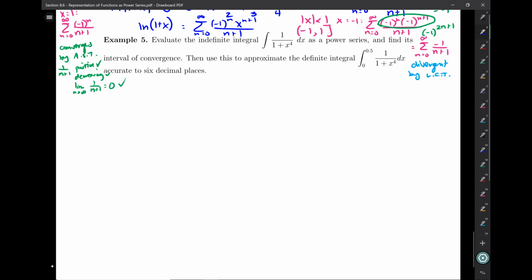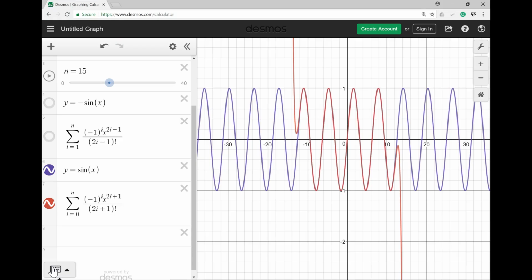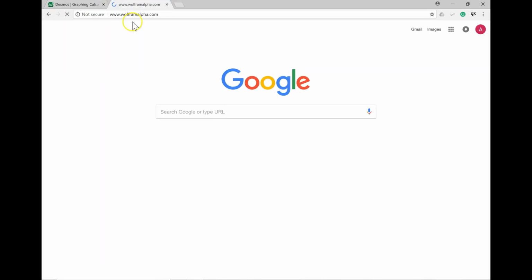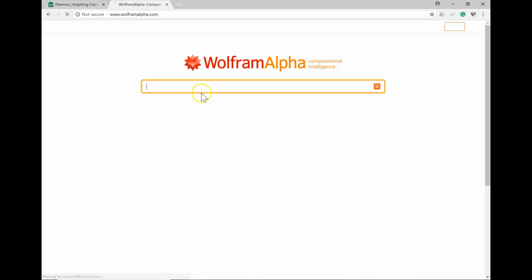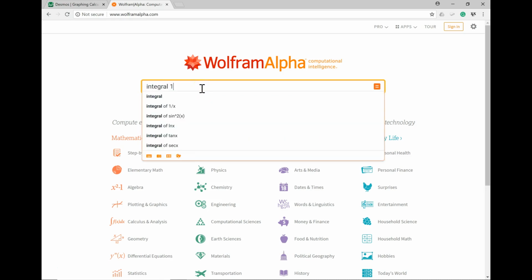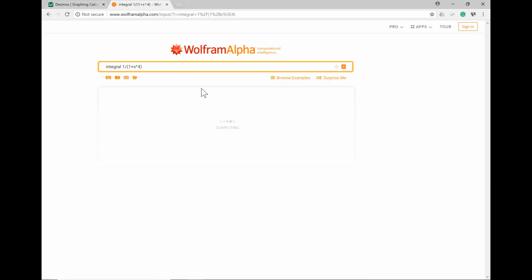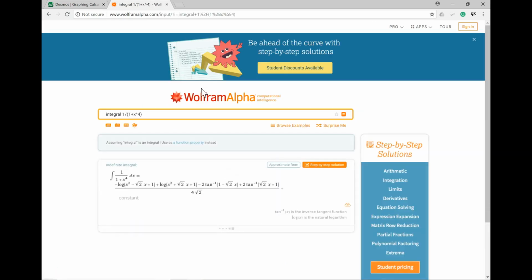Actually, here, I'll show you, just to give you some incentive as to why we might want to use power series to represent this. So let's just go to Wolfram Alpha. And if I type in integral 1 over 1 plus x to the 4th, here's the antiderivative. Yikes. Anywhere that it uses log, it's actually referring to the natural log function.